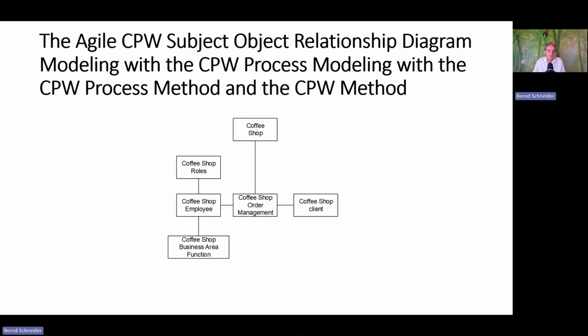Then we have on the left-hand side the coffee shop employee with coffee shop business area function and coffee shop roles. And in our CPW process steps, we have the coffee shop sales assistant, which is Mary. And on the right side, we have the coffee shop client, which is Paul.